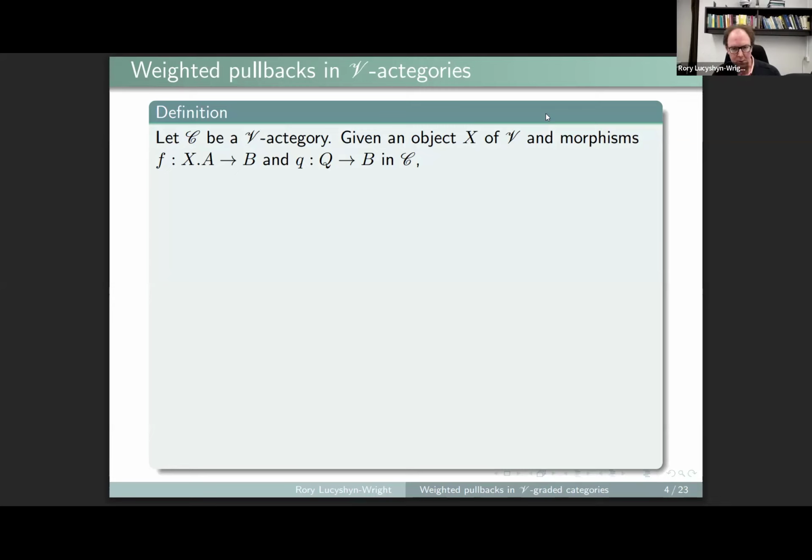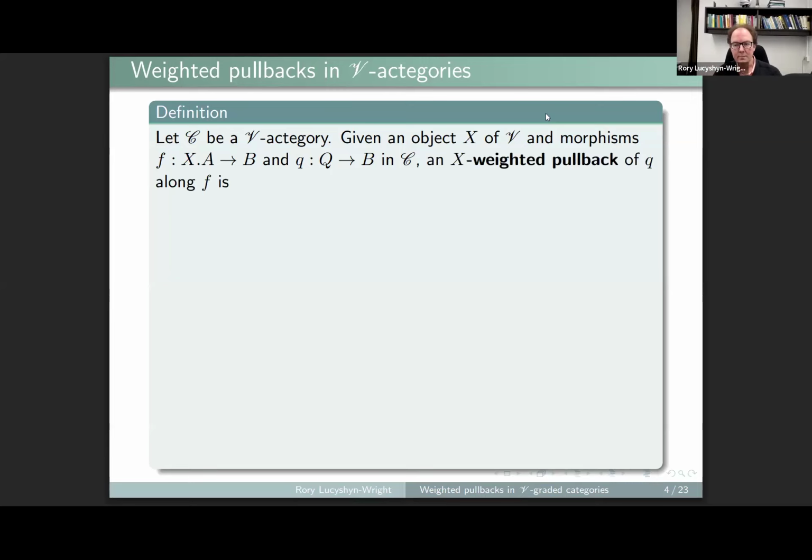So we can think of that as an object over B, over the codomain of the first morphism, right? And then we're going to conceive of pulling this back in a sense, but we're going to pull it back over A. So the notion of pullback that we introduce, which is called a weighted pullback, is going to be an object over A, actually.